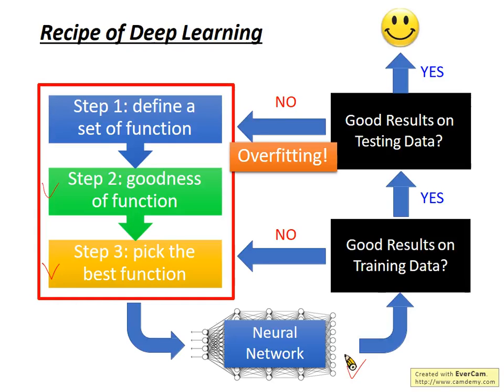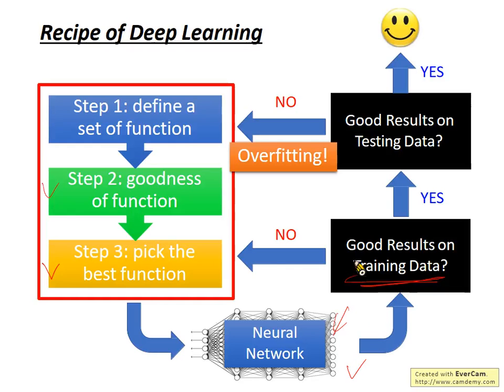Basically, when we try to tune our neural network, we need to consider two situations. The first one is, do we already have good results on training data? That means when we put training data into this neural network, can this neural network do very well for the training data?